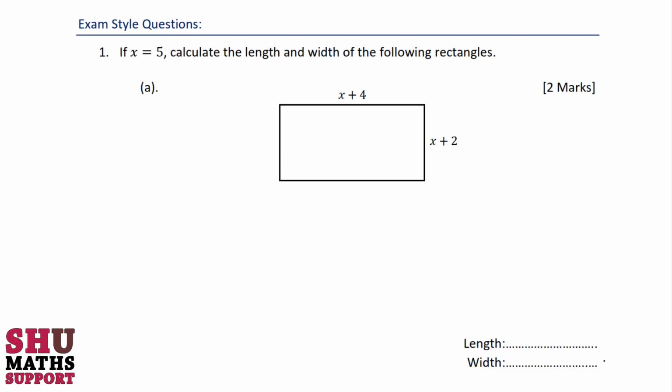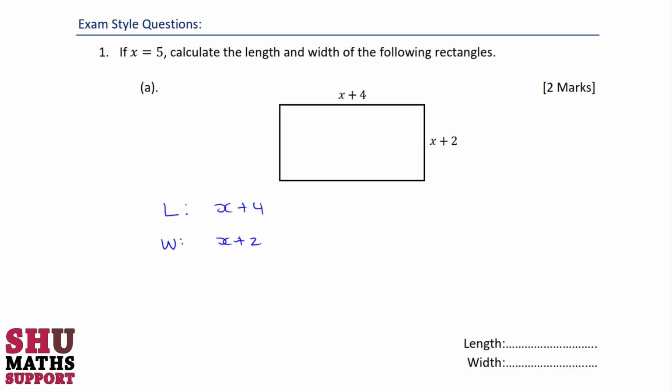But the first question is saying that if x is equal to 5, then calculate the length and width of the following rectangles. So in the length we have x plus 4 and the width we have x plus 2. So what I'm going to do is just put L is x plus 4 and W is x plus 2.